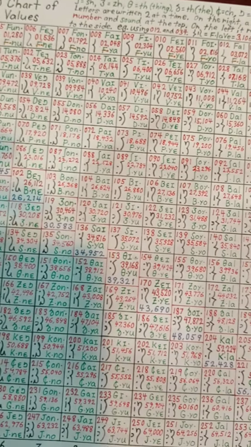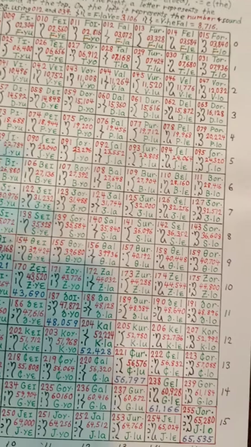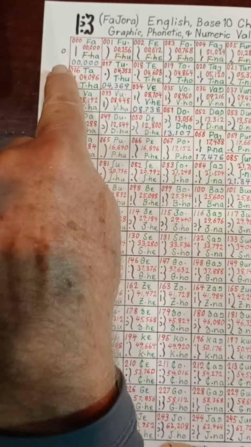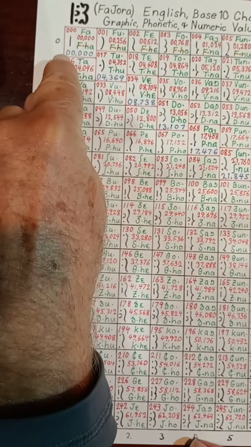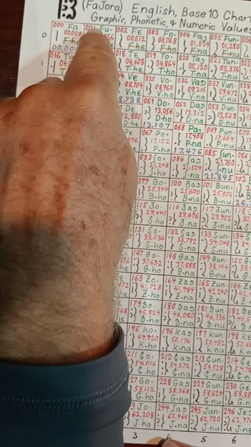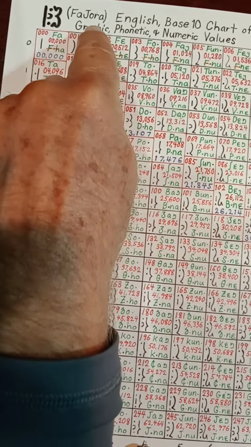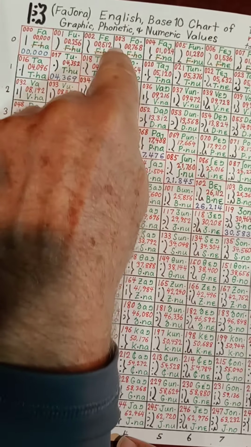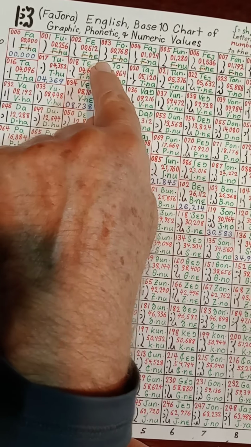There are four basic kinds of curvatures, and you can get them right at the beginning: the straight line for 0, the single curve for 1, the double curve for 2, and the triple curve for 3.